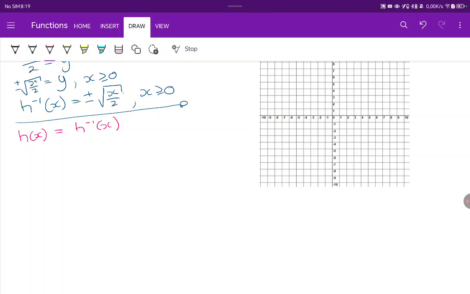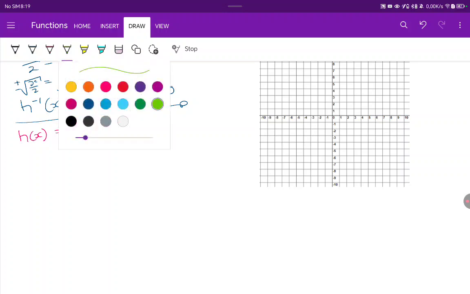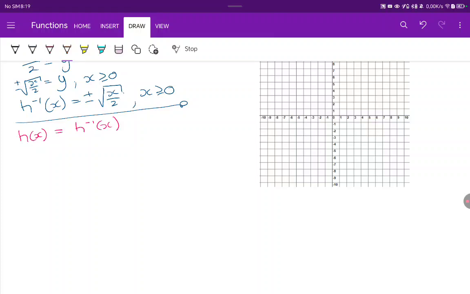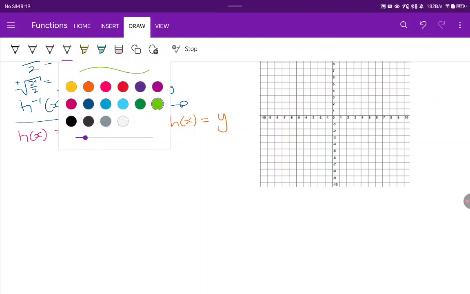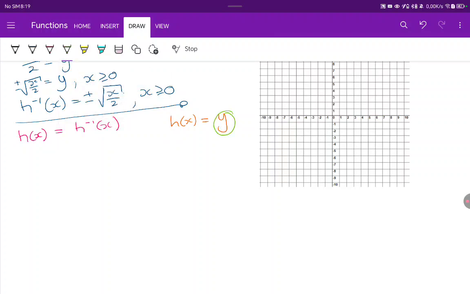Option number two is that I can say that the h of x is equal to y, where this y in particular is my axis of symmetry. Now, if you remember, my axis of symmetry is always y equals x. So I'm going to do the long way and then the short way for you quickly.